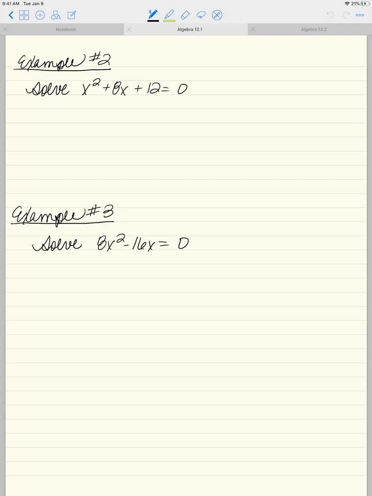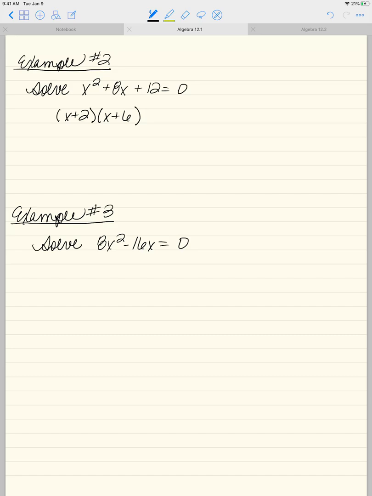Okay, example number 2 says solve x squared plus 8x plus 12 is equal to 0. So what we have to do first is factor this trinomial. Factoring is not going away just because we're done with that chapter. So if you struggled on that, this might be a source of some frustration for you in this chapter, okay? When we factor out this trinomial, we get x plus 2 times x plus 6, because 2 times 6 is 12, and 2 plus 6 is equal to 8.